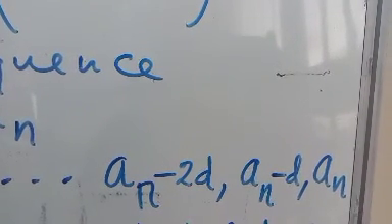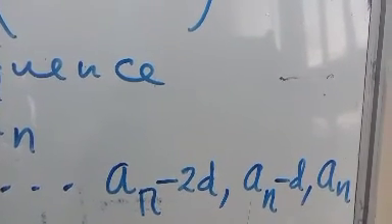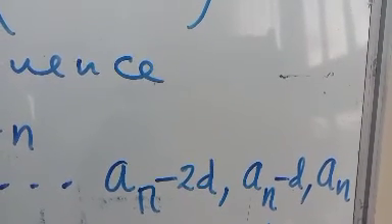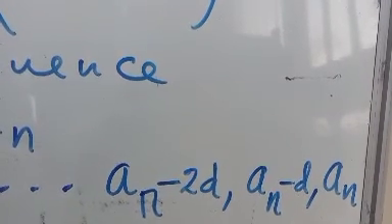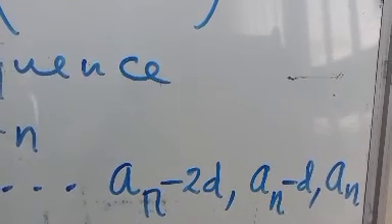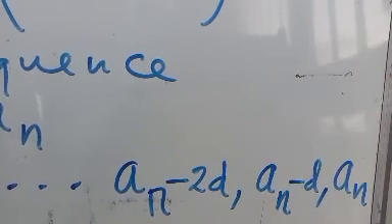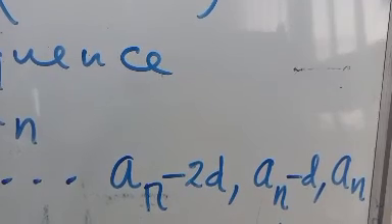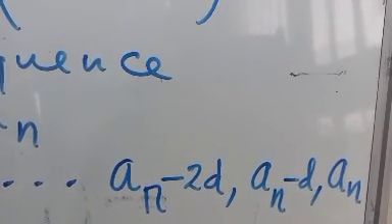This is because the terms which appear before an differ from an by the common difference. Therefore, if your last number is 5 and the common difference is maybe 3, and you want to get the number before 5, you take that last number minus the common difference.